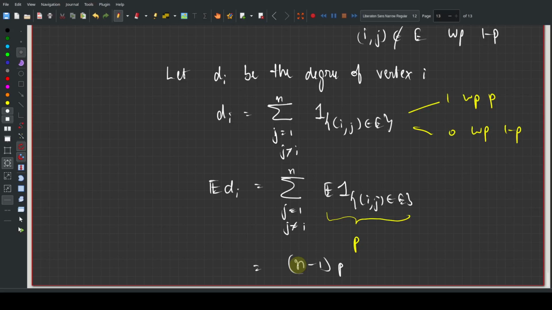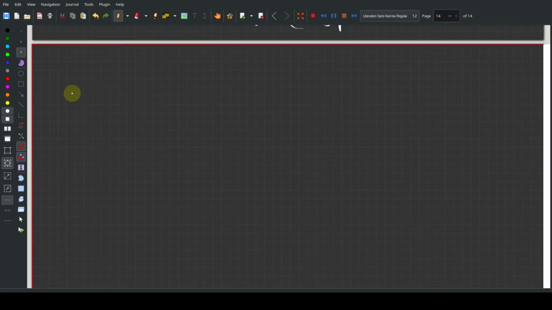So this is all well and good. So this is the degree for one particular vertex i, and it holds for all vertices i. So let me ask the following question. What is the probability that the degree of all the vertices is very close to n minus 1 times p? Right?